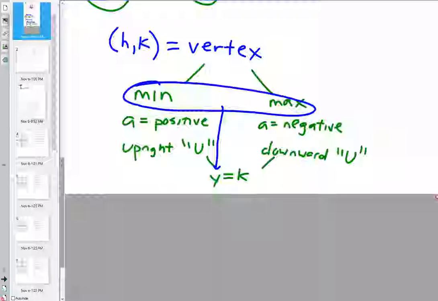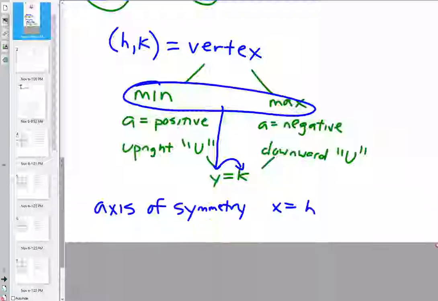We've been doing this since yesterday. The y was k, and the h was x. So when that phrasing is used, min or max, most of the time they're really just referring to the y of the vertex. But depending on how it's worded, they might want both the x and the y.